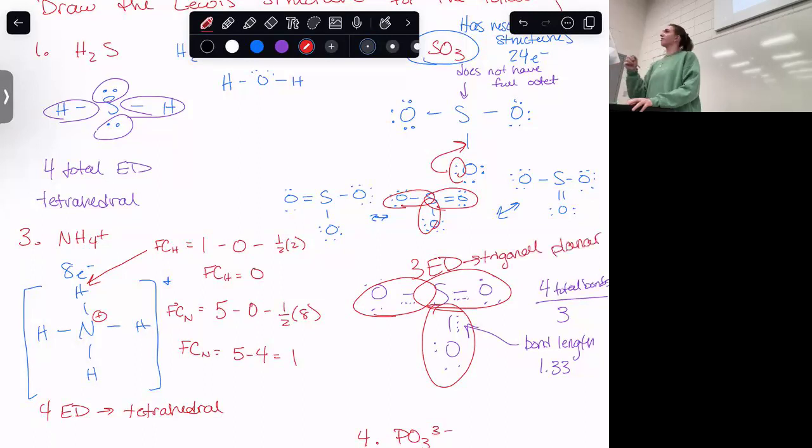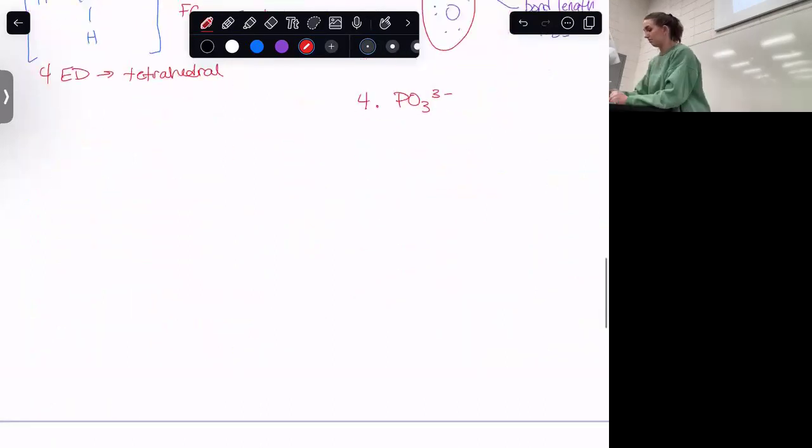Your electron domains for your terminal atoms don't really matter too much. If we have something like CH3OH, which is methanol, that's a big one, it'll end up looking like this.